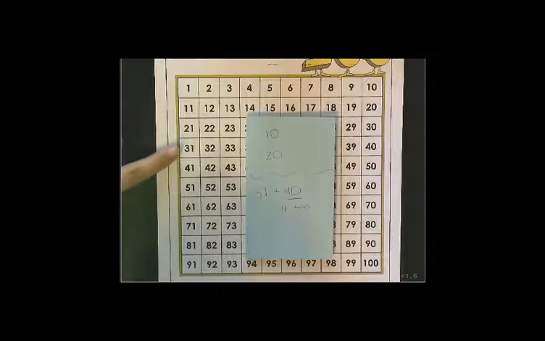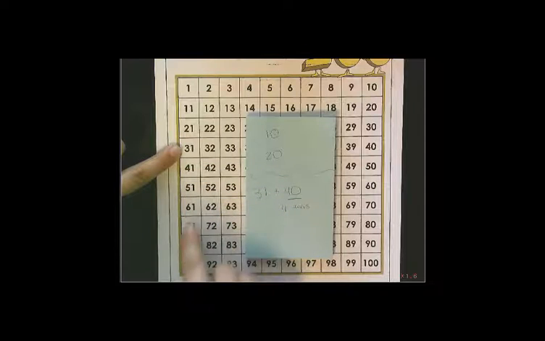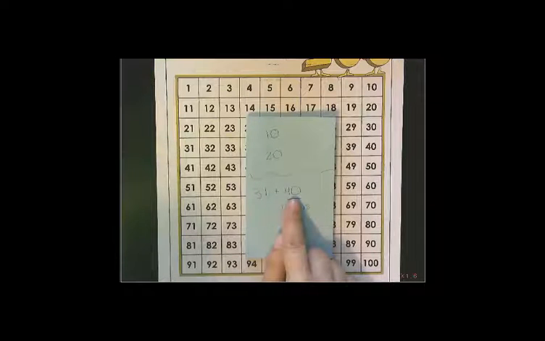So if we start at 31 and we count down 4 tens, 1, 2, 3, 4, we end up at our answer of 71. Okay, so if the number that you're counting on or adding to is a tens number, you can just simply count down the row instead of counting across.